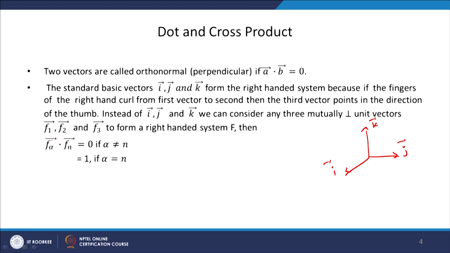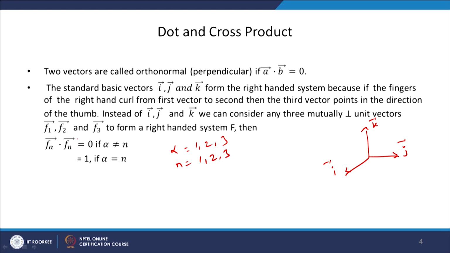To become a coordinate frame, f1, f2, f3 should satisfy this condition: f alpha dot f n equal to 0 if alpha is not equal to n, and f alpha dot f n is 1 if alpha equal to n, where alpha and n can be 1, 2, 3.